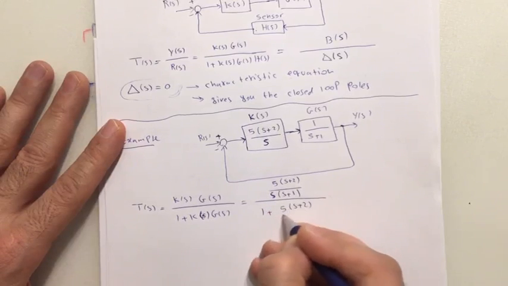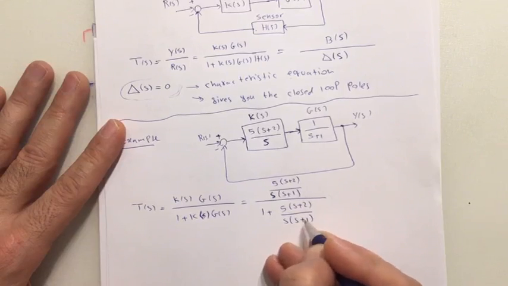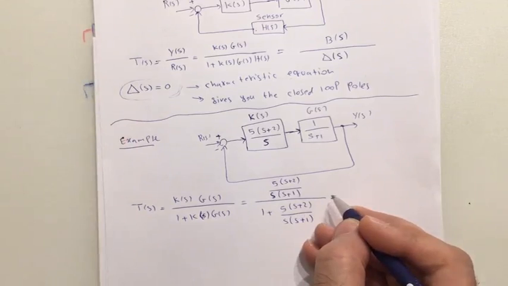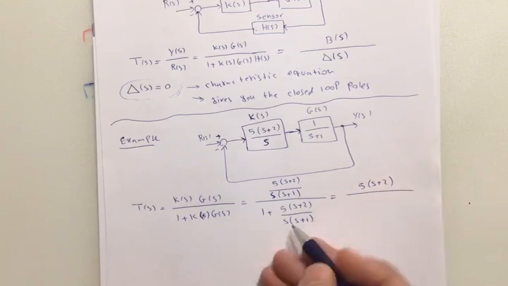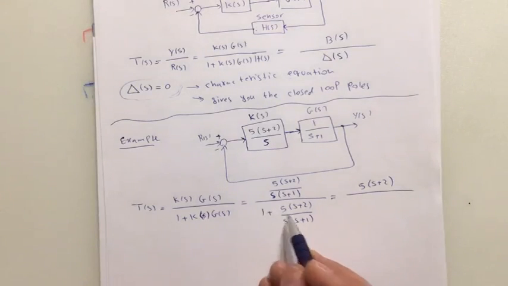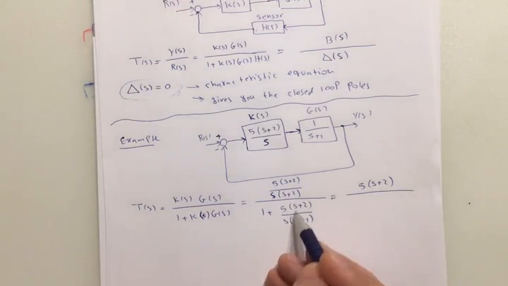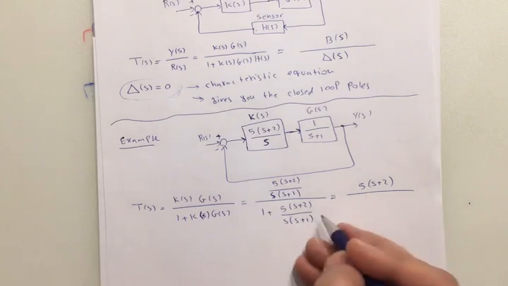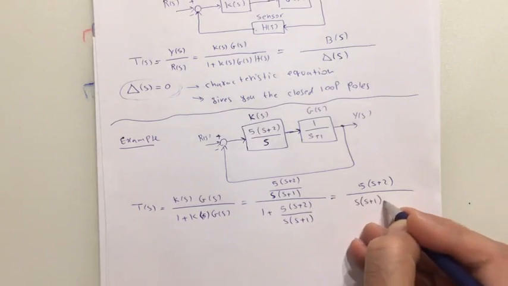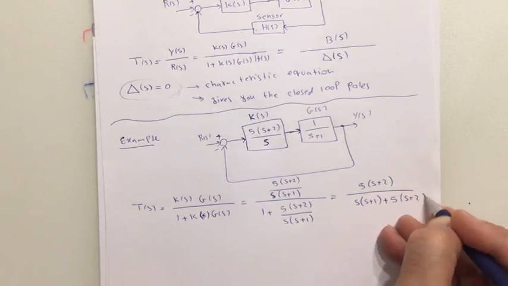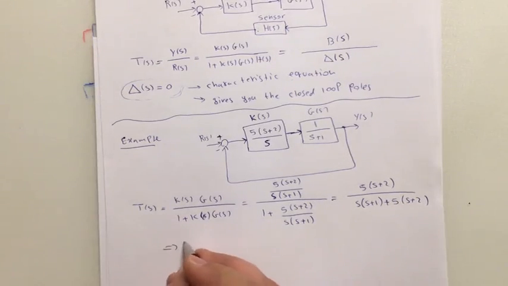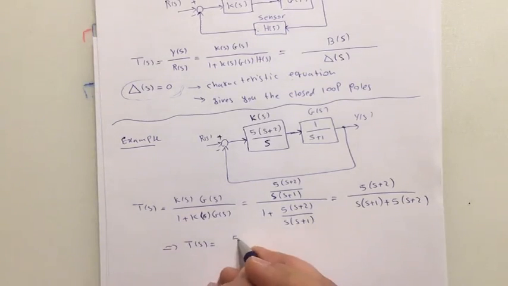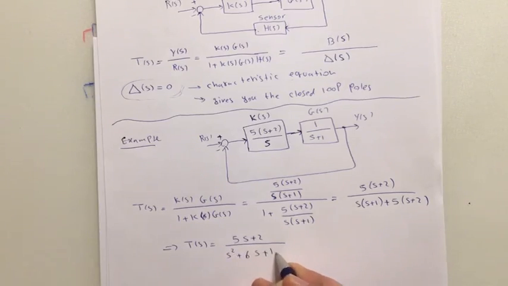Doing the common denominator and canceling, you get 5 times s plus 2 in the numerator, and s times s plus 1 plus 5 times s plus 2 in the denominator. Simplifying, T of s is equal to 5s plus 2 divided by s squared plus 6s plus 10.